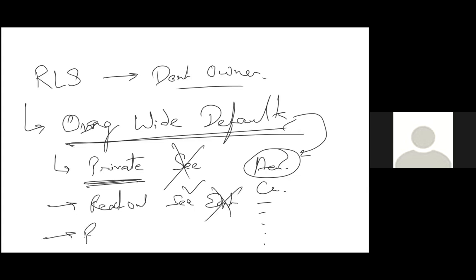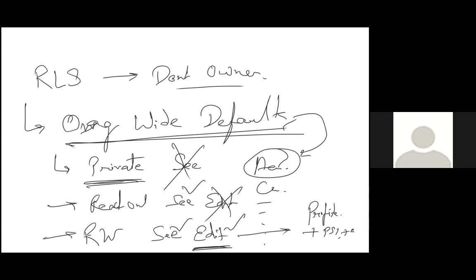If it is read write, then owner can see, a non-owner can see, non-owner can also edit, provided they can edit only when their profiles allow. If in the profile they do not have edit permission, they cannot edit. Clear? So this we discussed in the last class, right?